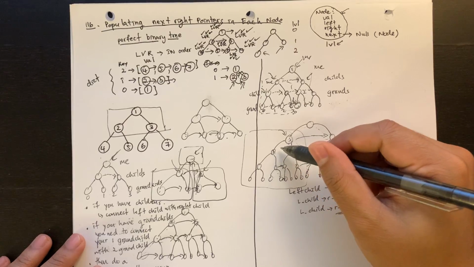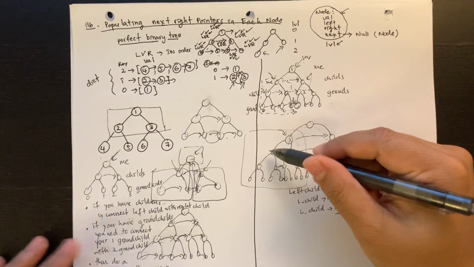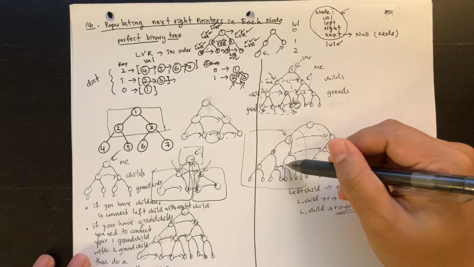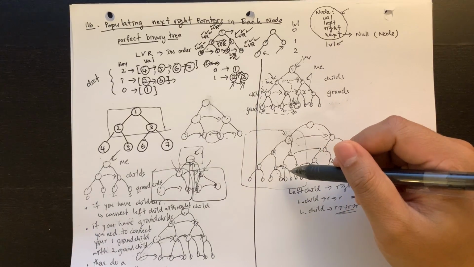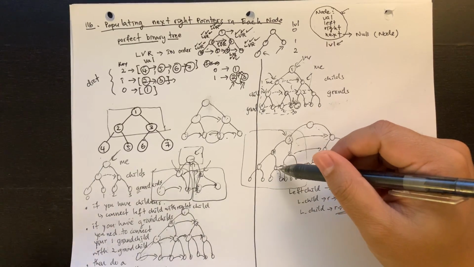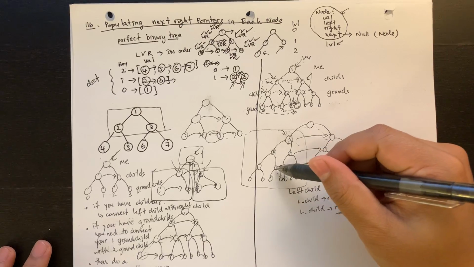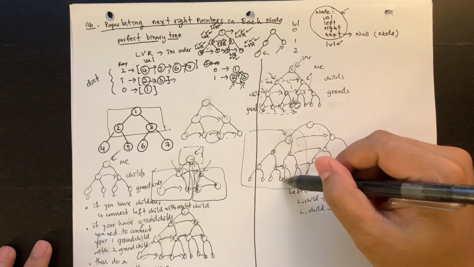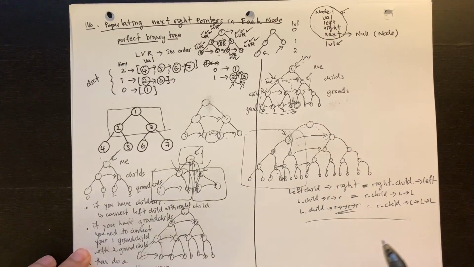We look at our left child and say, hey, left child, do you have any kids? If you have kids, we keep going to the right. It's the same thing here. We ask our grandson or granddaughter, do you have any kids? If you have any kids, we want to connect that. So yeah, that's about it.